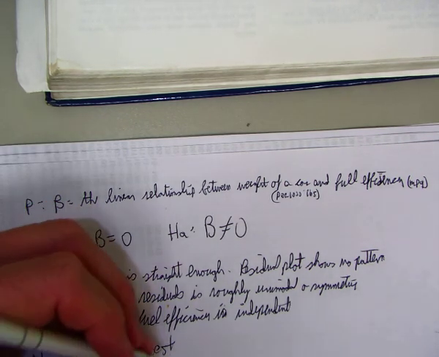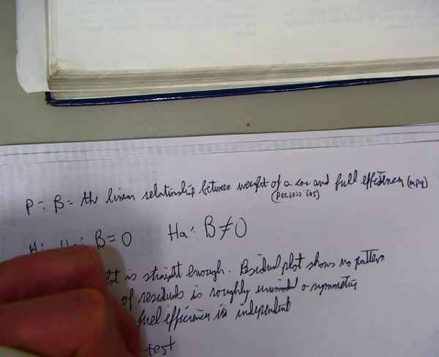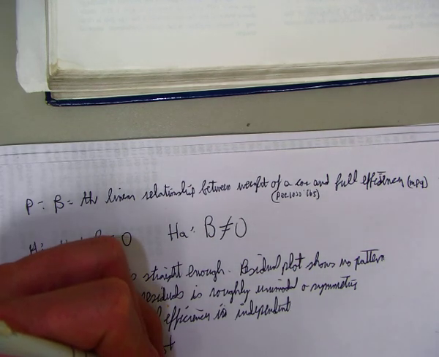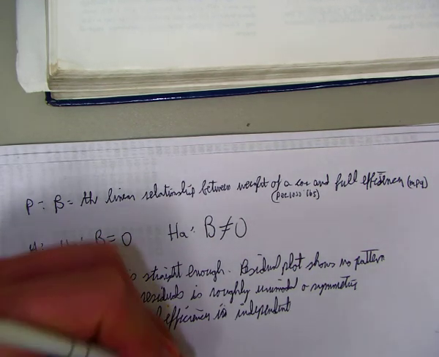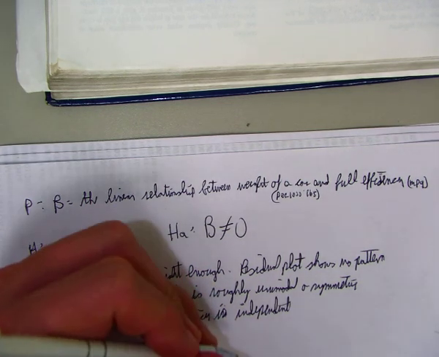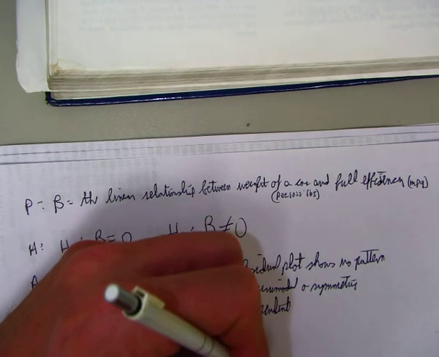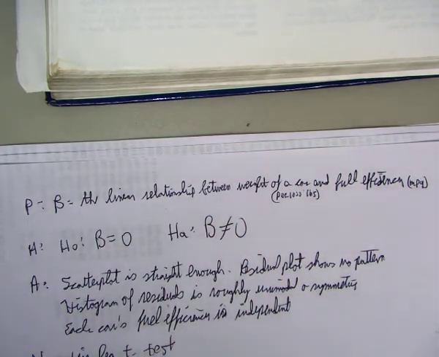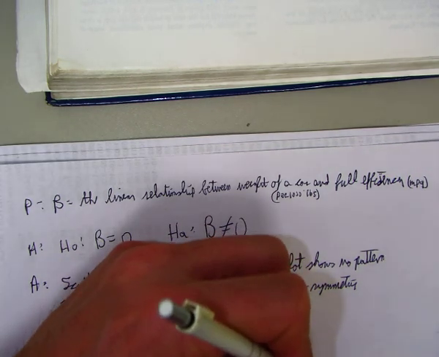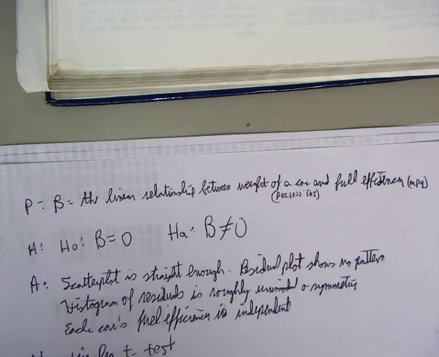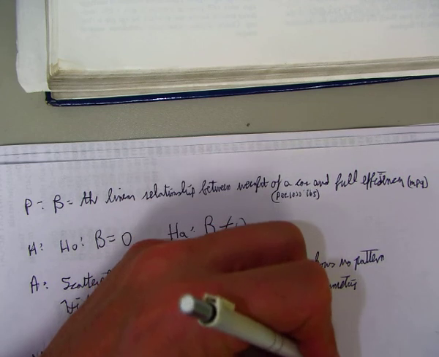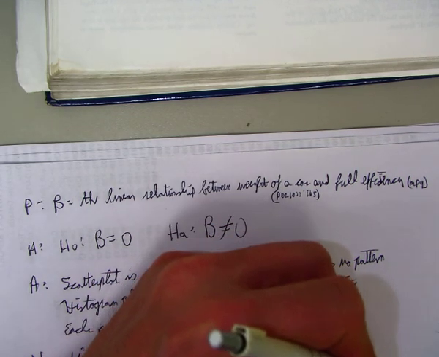We really don't need the y-intercept because we're not testing it. B sub 1 is negative 8.21. Standard error is 0.6738. Okay. N is 50, and degrees of freedom is 48.